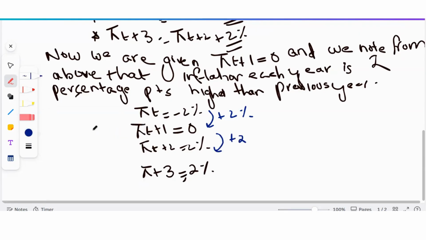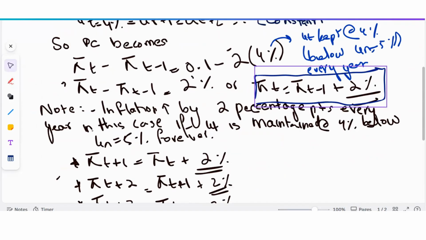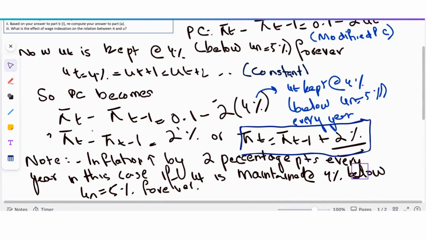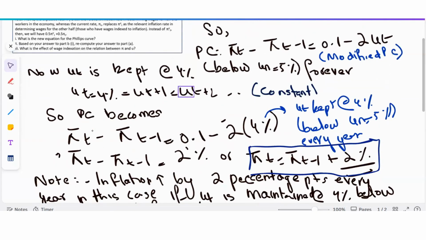In this way, we can find inflation in years t plus 1, t plus 2, and t plus 3. The main thing here was that you write the equation of the Phillips curve, and then because we know u t is kept at 4%, below u n of 5%, forever, you can simplify it, and from here we see that inflation increases by 2 percentage points.